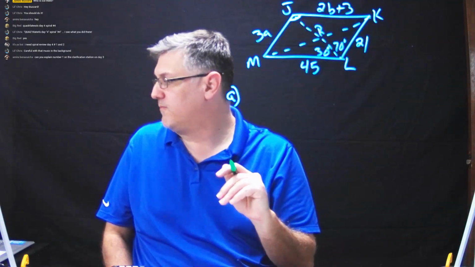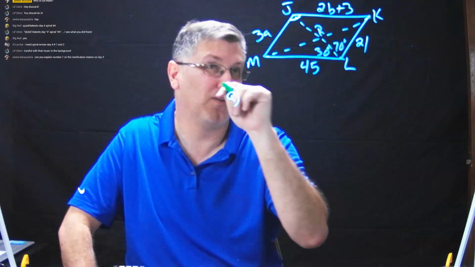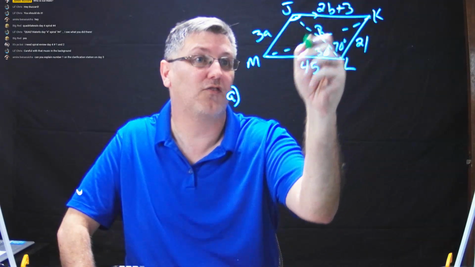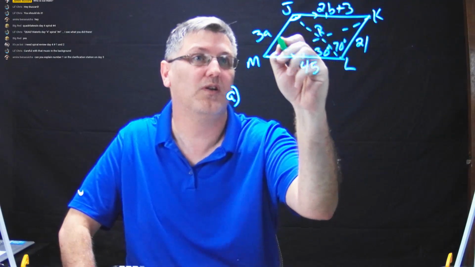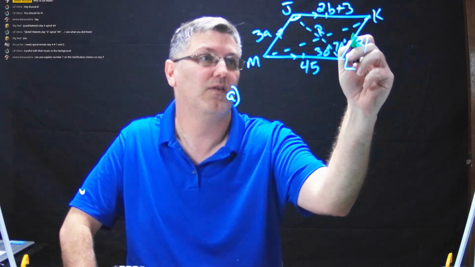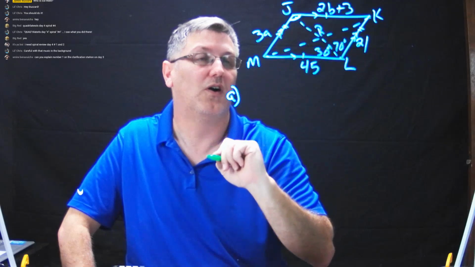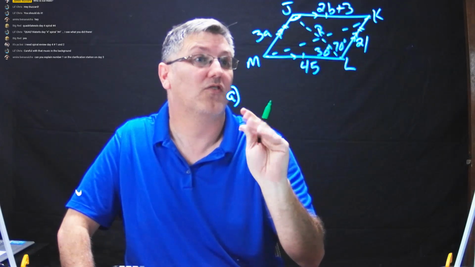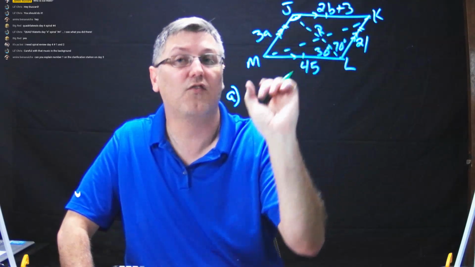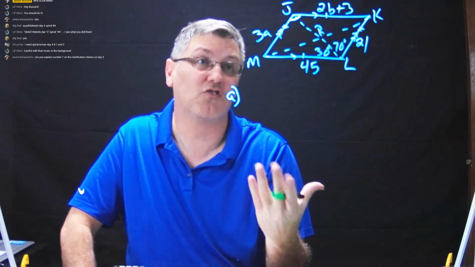With that angle, because this is a parallelogram, it's got properties. We know that these are parallel and also congruent, and these are parallel and also congruent. Opposite sides of a parallelogram are congruent, which just means they're equal.